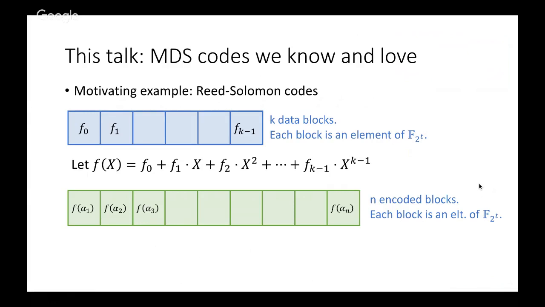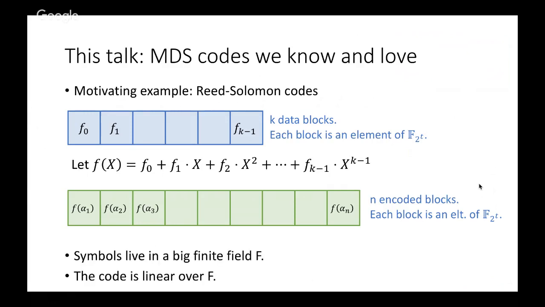These look pretty different from the array codes we saw on the previous slide. Two major differences are that the symbols live in a big finite field instead of something that is explicitly a vector space, and also the code is linear over this big finite field, whereas array codes are linear over smaller fields but don't have the same algebraic structure.